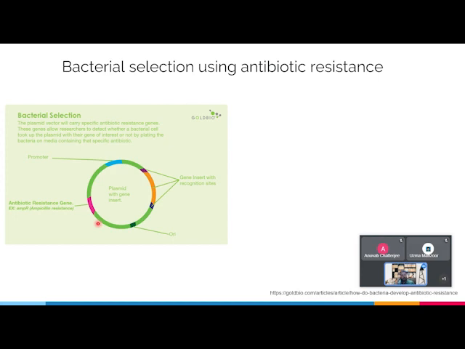What we do is that our plasmids carry an antibiotic resistance gene, just this, an ampicillin resistance gene. Now, if your bacteria has taken up your plasmid, then the bacteria will be ampicillin resistant. We then plate the bacteria that you have transformed on an LB agar plate containing the antibiotic ampicillin.